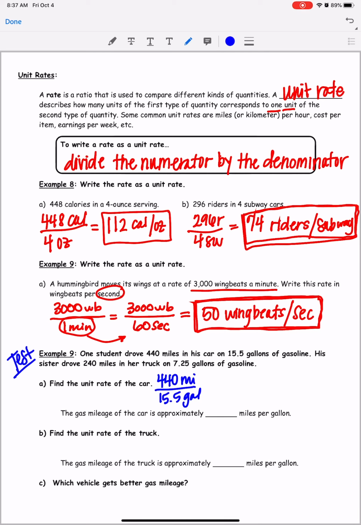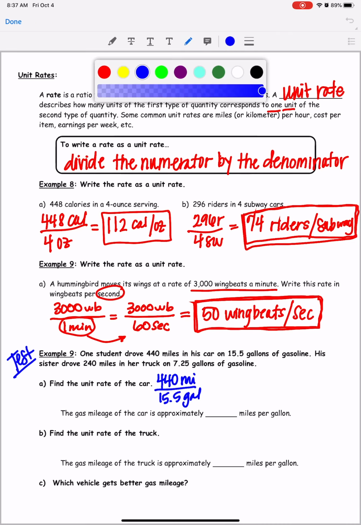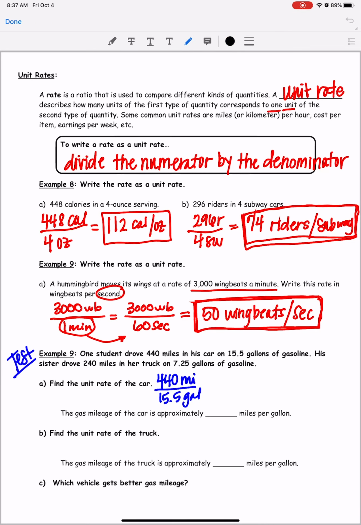What is 440 divided by 15.5? Okay, you get a really ugly decimal. Let's go to 2 decimal places. Let's go to the hundredth. So I'm going to write that in here. We are going to round to the hundredth.